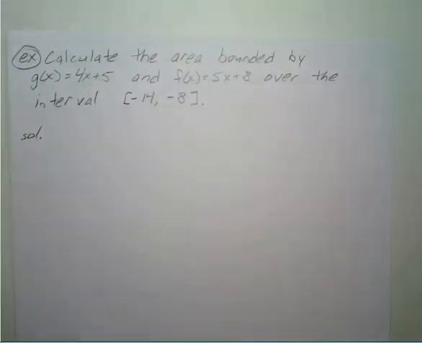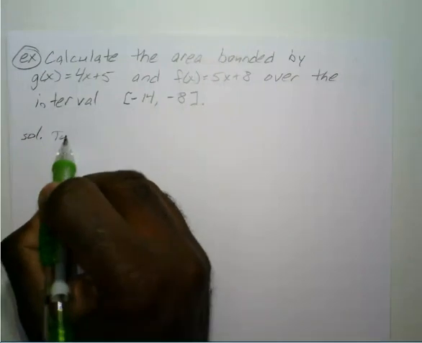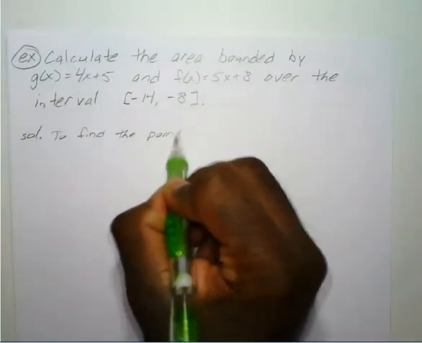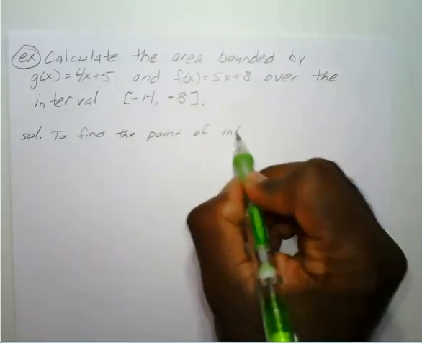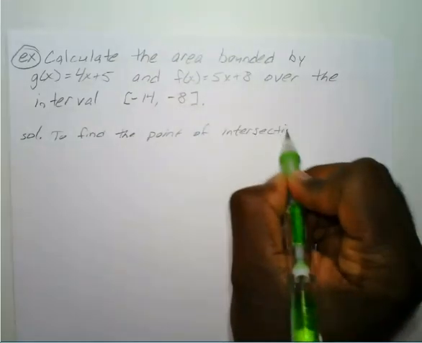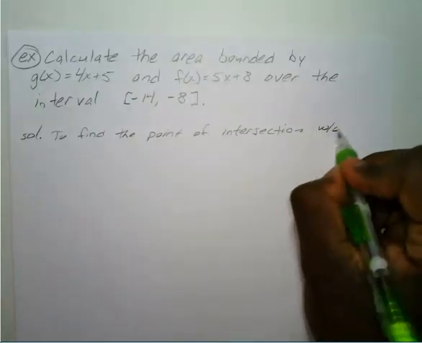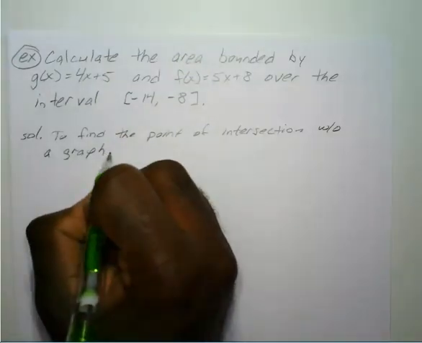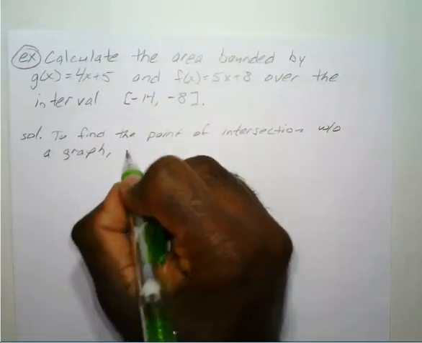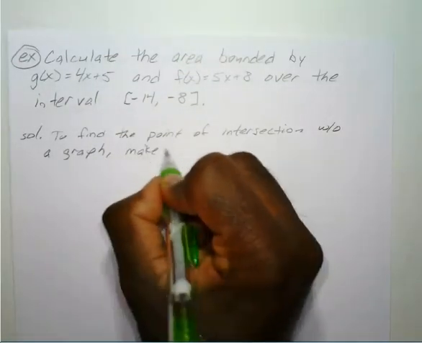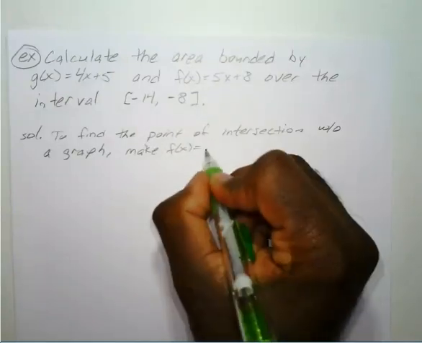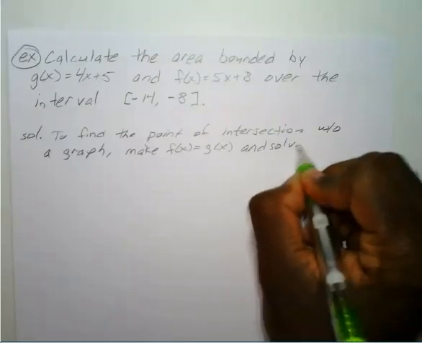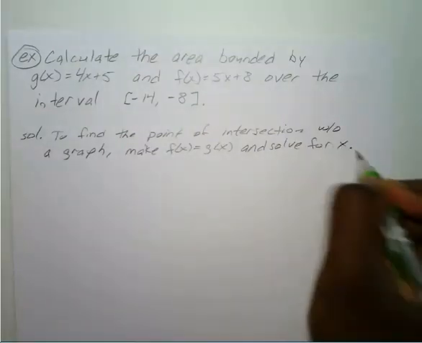Okay, so to find the point of intersection without a graph, make f of x equal g of x and solve for x.